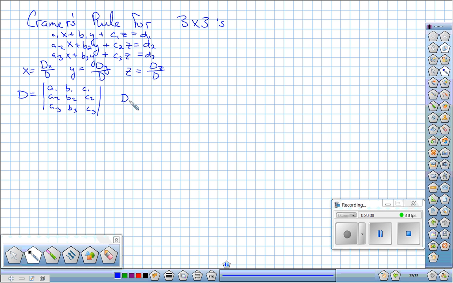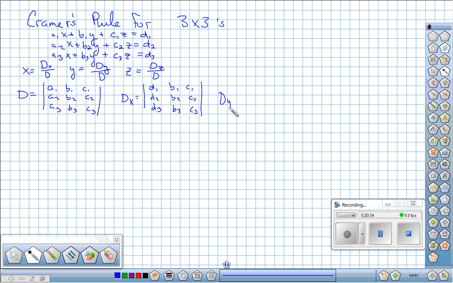I have dx, so x first. dx is going to be the determinant where I have my d's in the first column. So I have d1, d2, d3. The other ones are b's and c's. So b1, c1, b2, c2, and b3, c3.